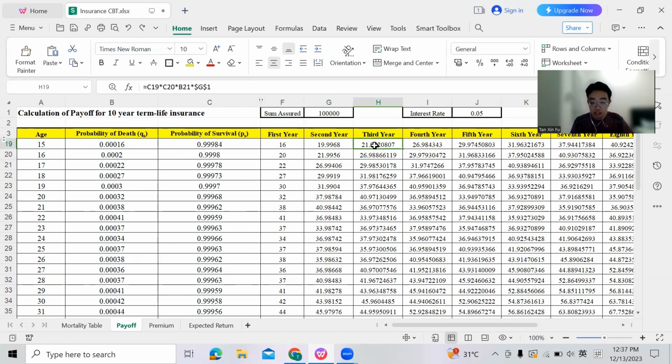If they die in the third year, the steps are similar except we need to multiply by 1 more year of the probability of survival. For the other seven years, we continue with the same pattern.